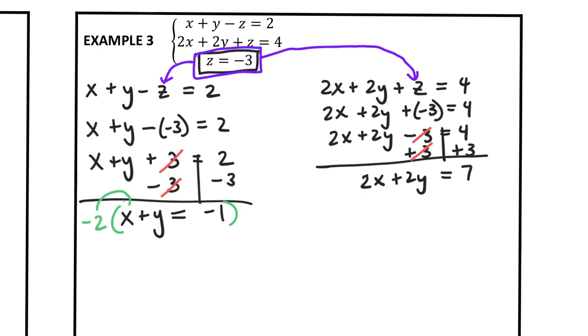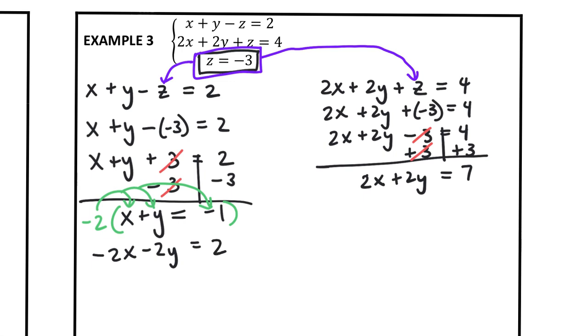And this negative 2, I'm going to multiply it out. So what do we get? Right, what's negative 2 times x? Negative 2x. What's negative 2 times y? It's negative 2y. Equals, what's negative 2 times negative 1?